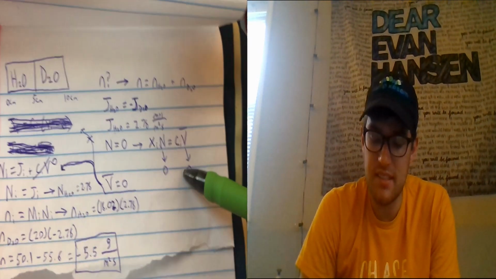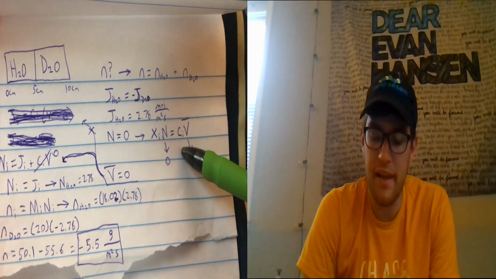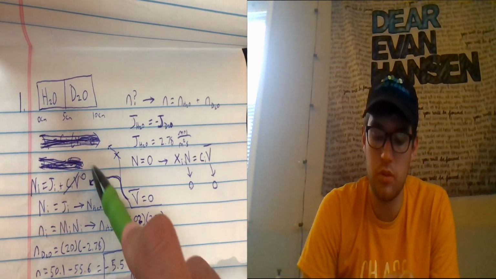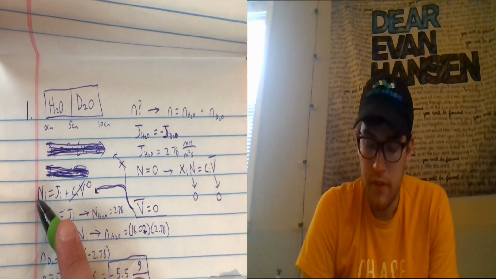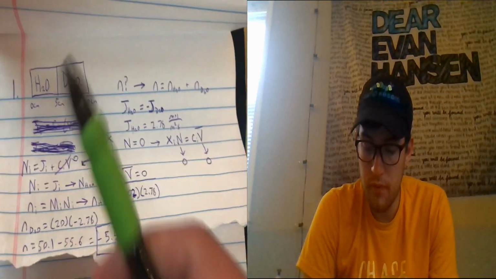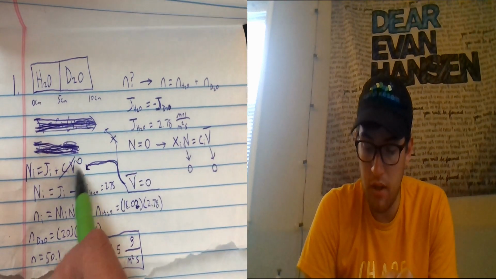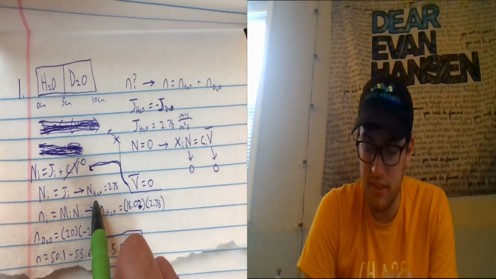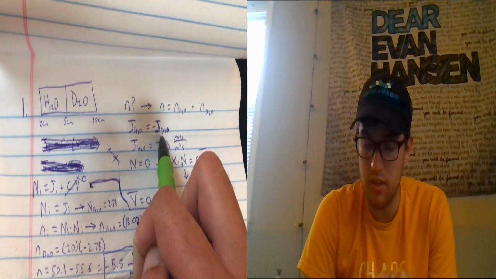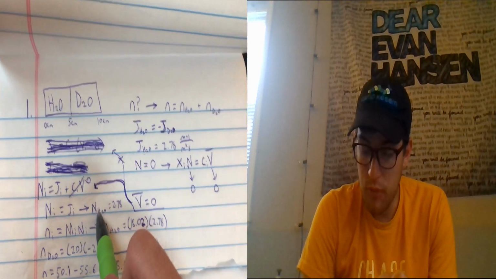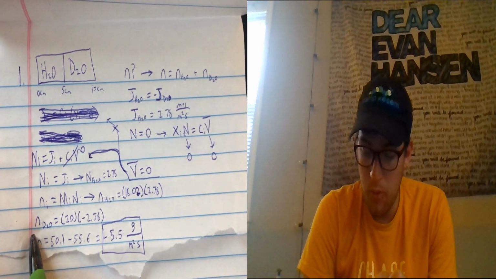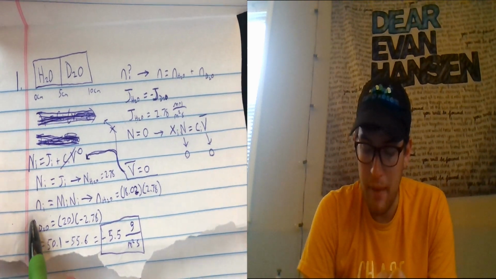Well, the molar velocity of the system is zero, so we know that the molar diffusive flux of a component is equal to the molar flux of a component in this system. Well, going to that, we know that the molar diffusive flux of water is 2.78, so the molar flux of water is also 2.78.